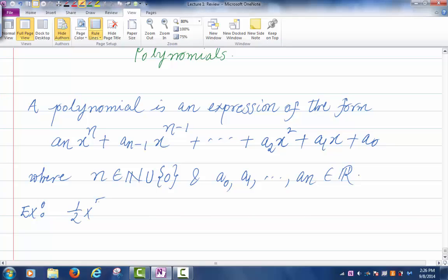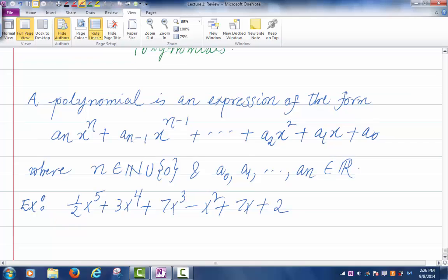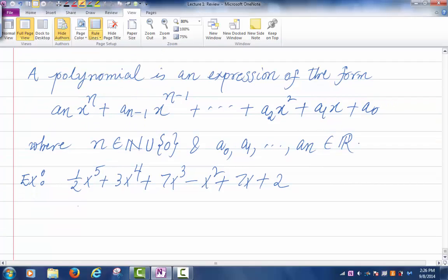Half x to the 5 plus 3x to the 4 plus 7x cubed minus x squared plus 7x plus 2. That's a polynomial, right? And also, if I have x squared plus 1, that's a polynomial as well.